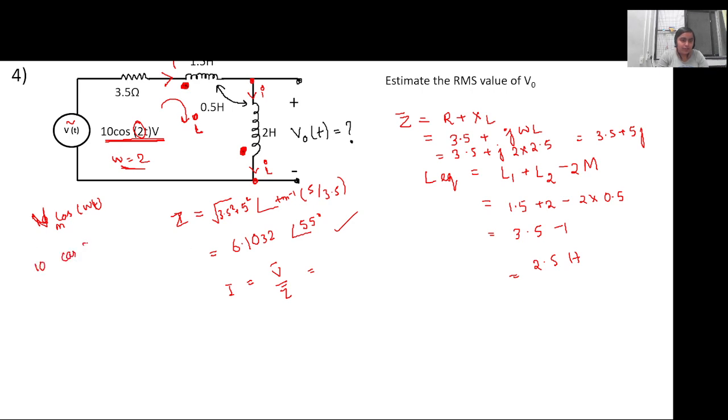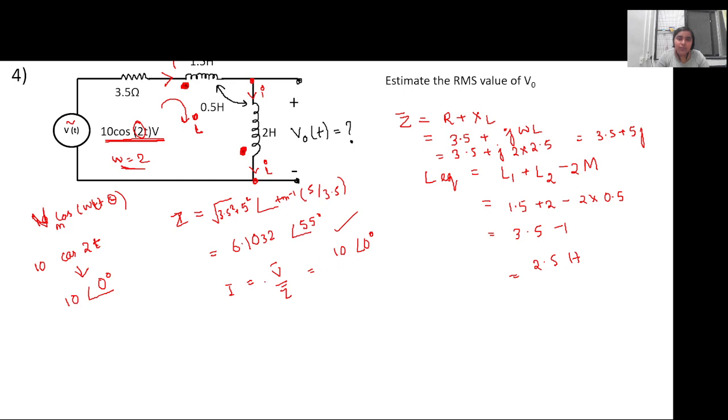So we can write it in terms of a magnitude: 10 angle of 0 degree, because omega t plus theta, and theta is not there, so angle is 0 degree. But ma'am, we have to write in standard form, in form of sin omega t plus theta.